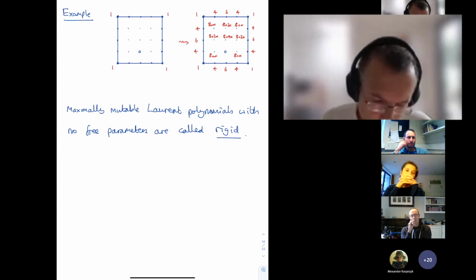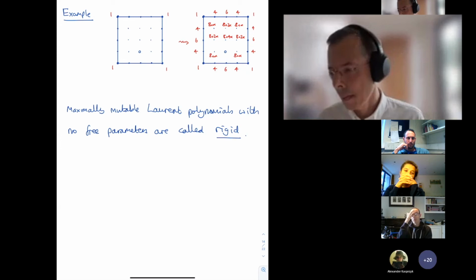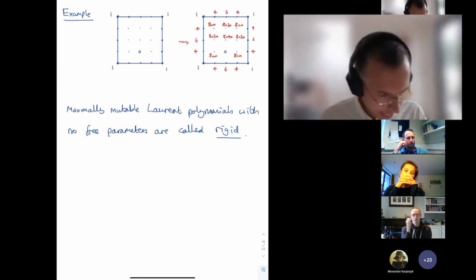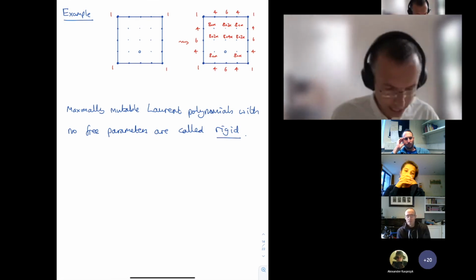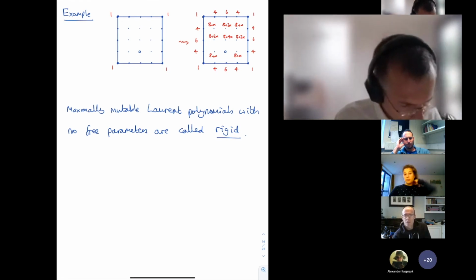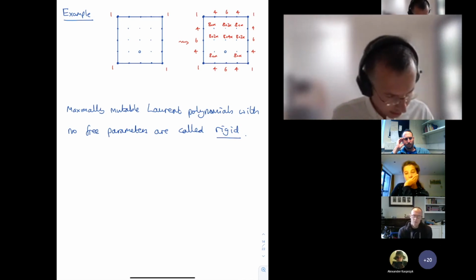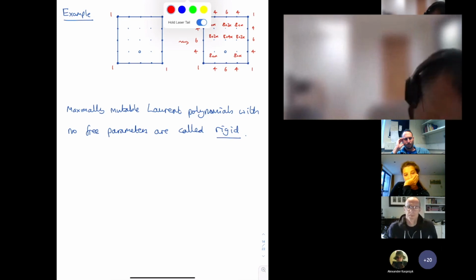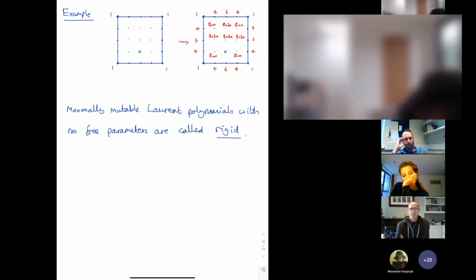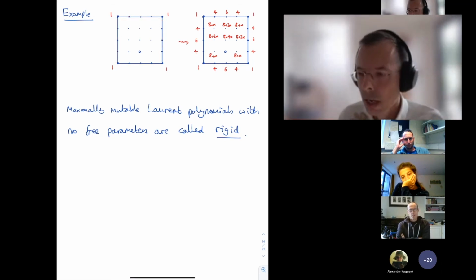Okay, so now we play the game that we played before and impose compatibility with as many mutations as possible. So if we just consider this example, here's the origin. This is the polytope that I'm thinking of as the Newton polytope.